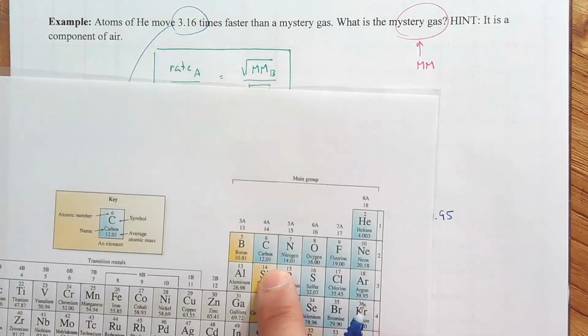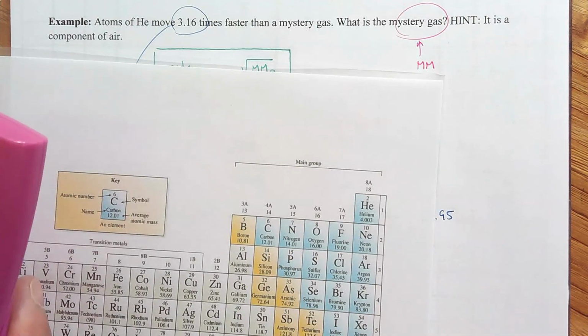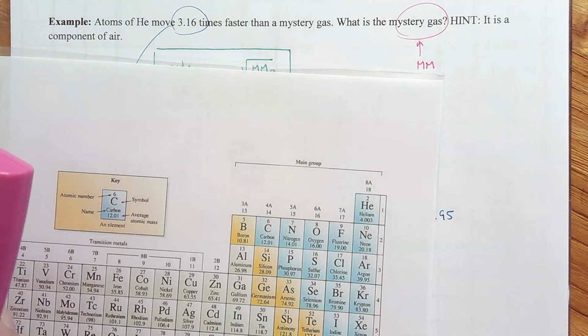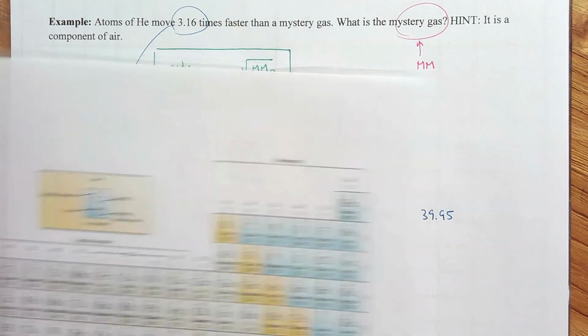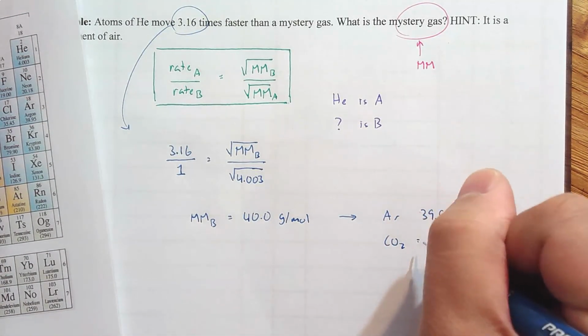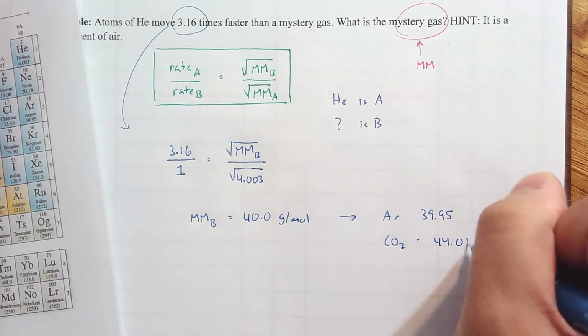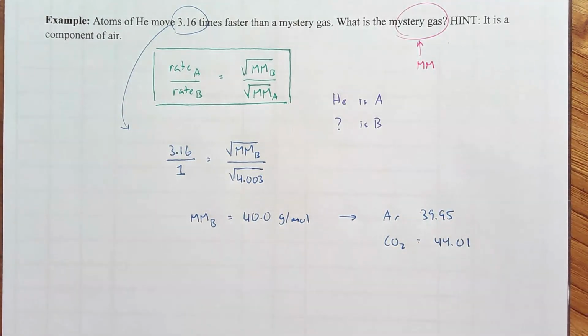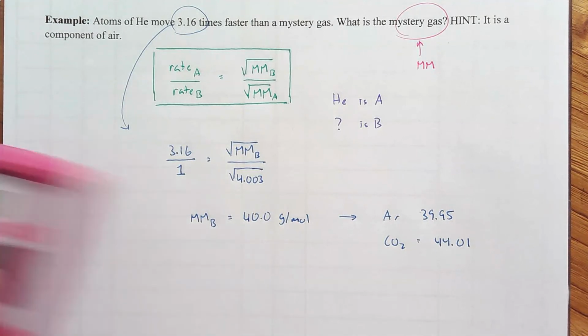Carbon dioxide, 12.01 plus 16.00 plus 16.00. Oh. CO2 is equal to 44.01. Let me double check my math.